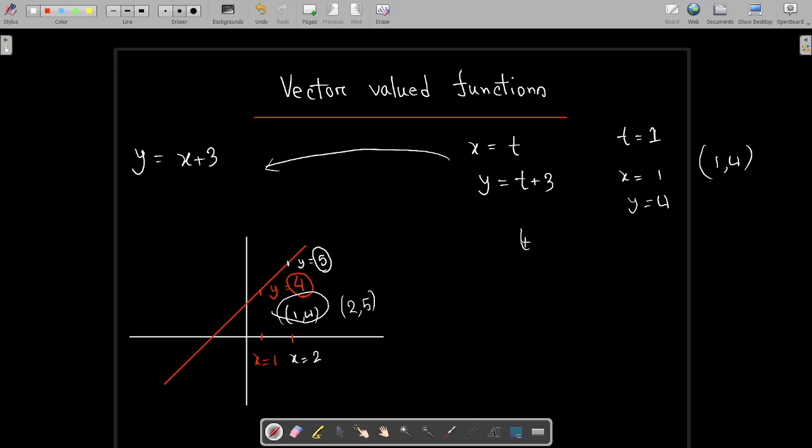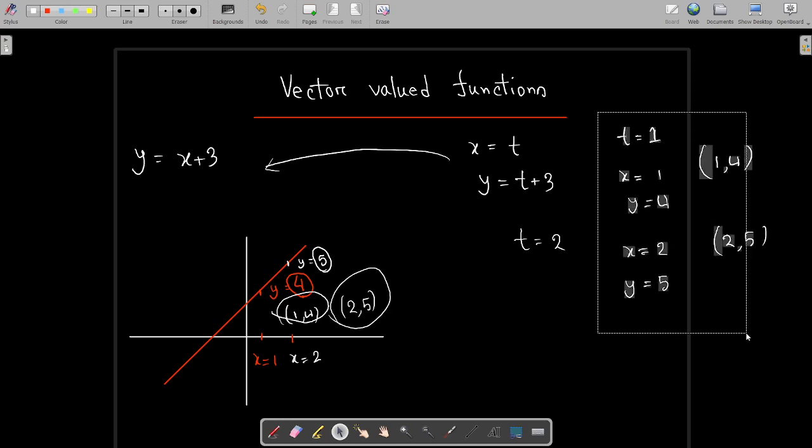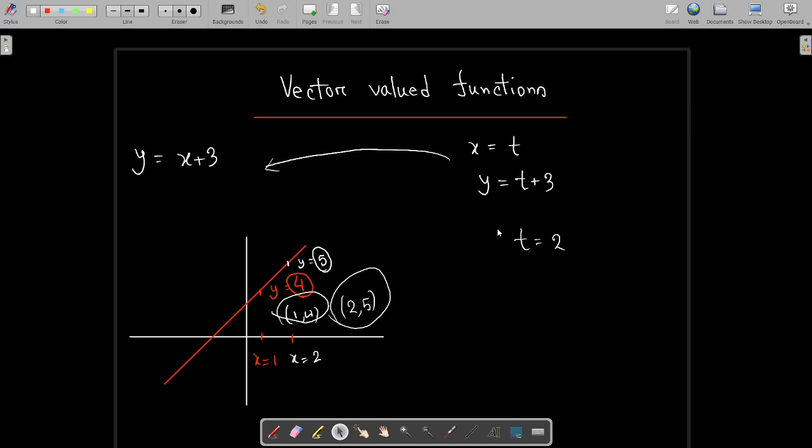Now if we put t equal to 2, you are getting x equal to 2 and y equal to 5. So you are getting 2 comma 5. You are getting the same result here. So this is same as this. Now let me remove it. So this is our parametric form.